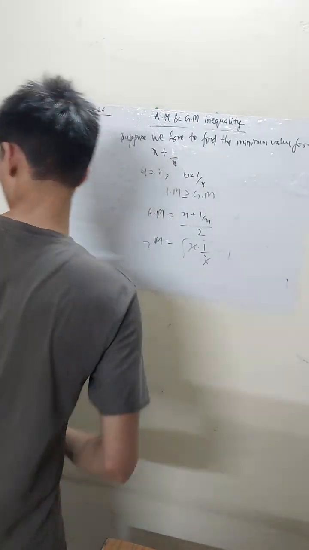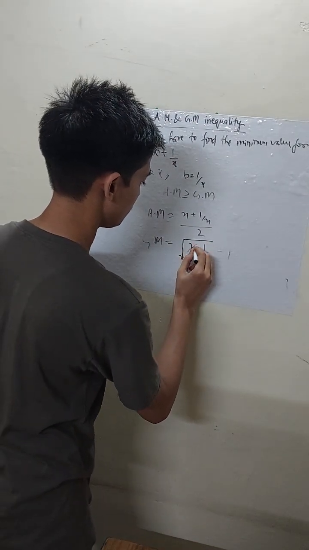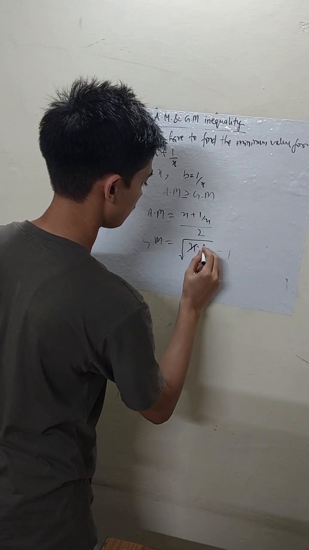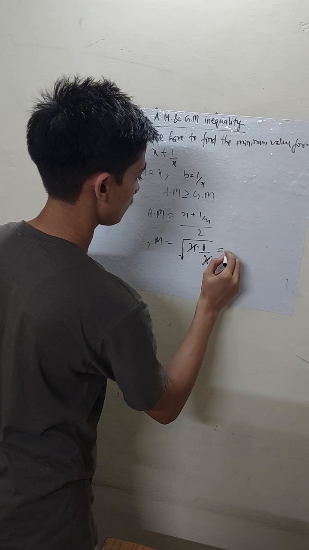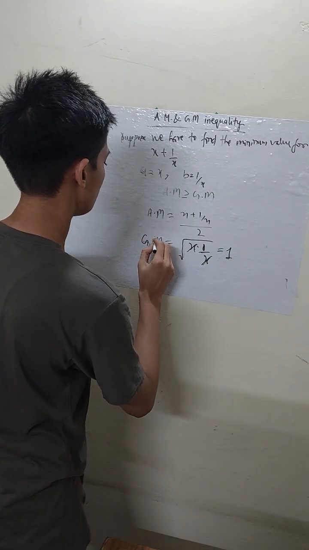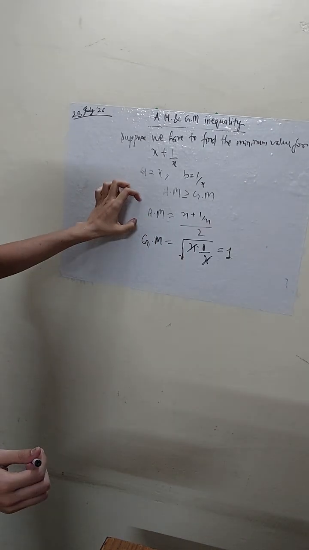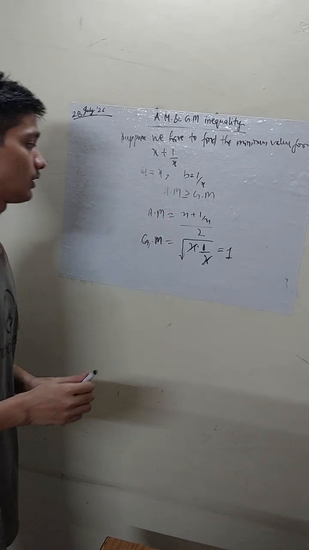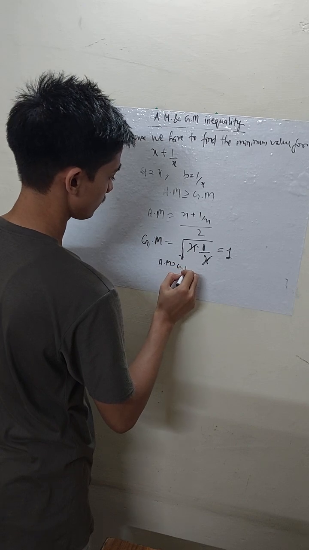Sorry, the marker is out of ink. AM is this one, and GM is this one. Now AM is greater than or equal to GM.